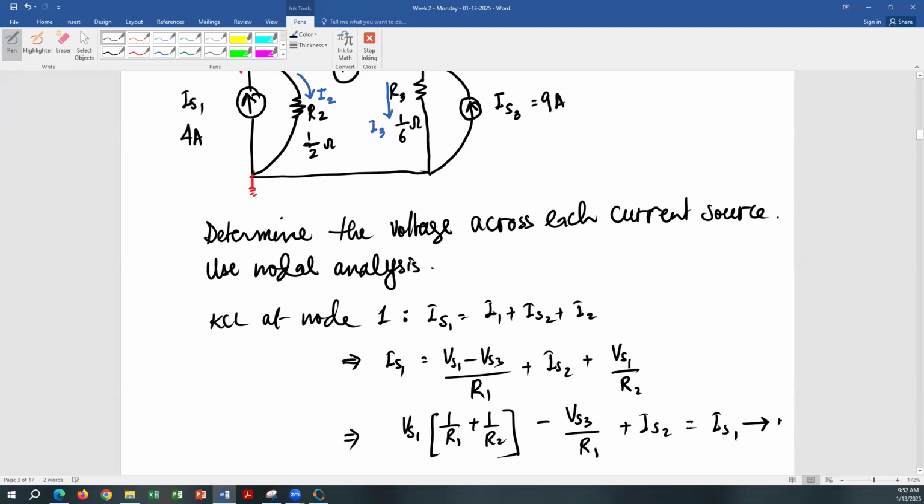Because when we are solving for the three unknown quantities, we have to make the matrix and we need the coefficient of each unknown quantity. So the Vs1 coefficients are these, the Vs3 coefficient is this, and the Is2 coefficient is 1. All these three values are unknown right now. Is1 is the only one that we know.